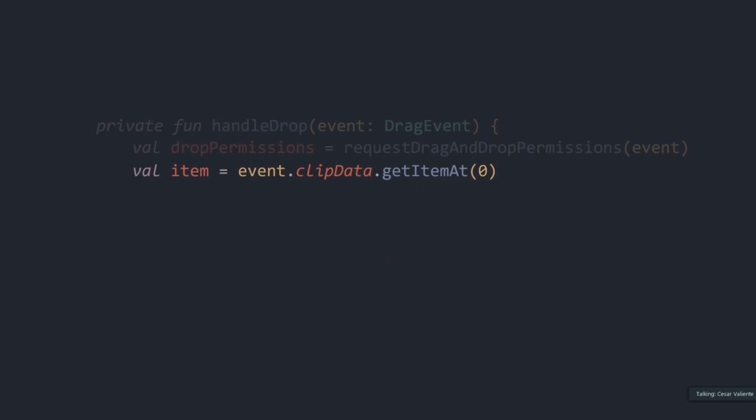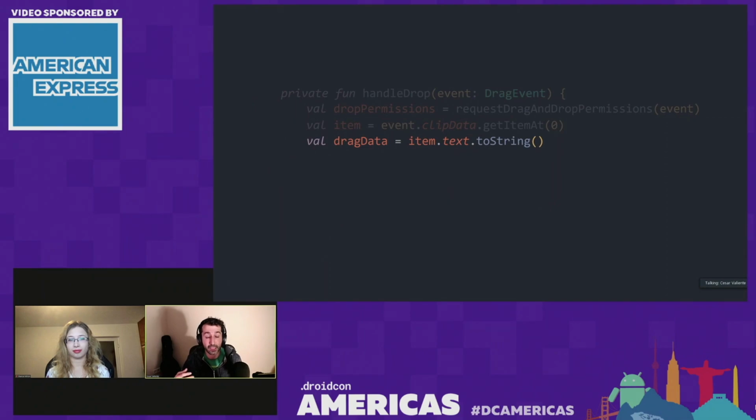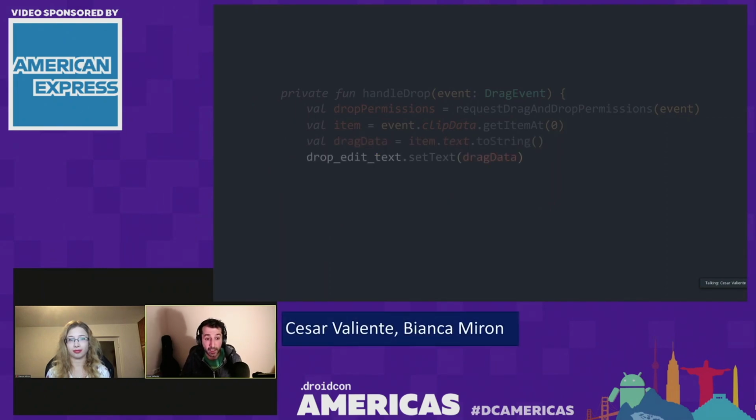In our case, through the drag event, we access the clip data that we created, and then we take just the item. This item, if you remember, was a TextView, so we can already access the text, which is the data that we shared originally. Finally, now that we have the text that we were sharing, we just use setText on the EditText with that data, and that's all.